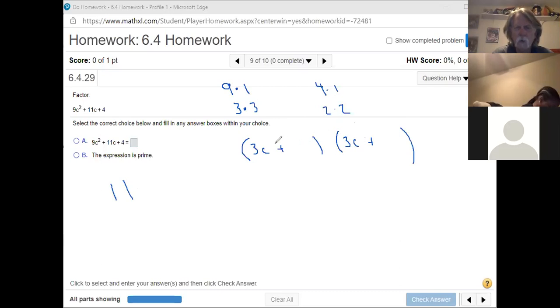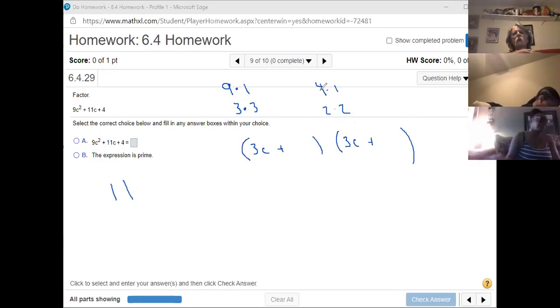They're all positive. So if I go 3 times 4, I'm going to get 12. And since everything's a plus sign, I'm never going to subtract 1 to get it down to 11. If I go 3 times 2, that's 6. 3 times 2 is 6. I'm back to 12. So I do not think it can be 3 and 3.